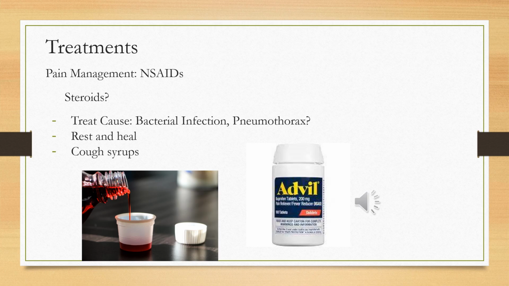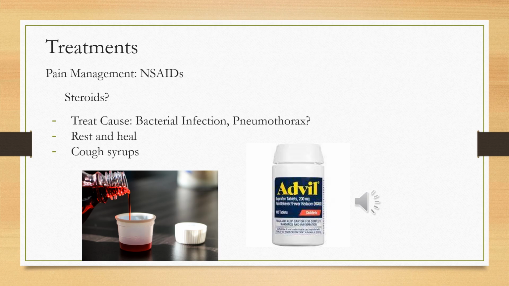Another main treatment is to treat the cause of the pleuritic pain. If it's a bacterial infection, you're looking to treat with antibiotics. If it's a pneumothorax or a pleural effusion, you might be looking to do a thoracentesis to drain out that fluid.